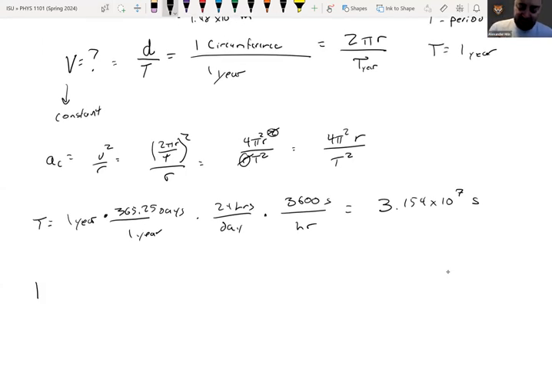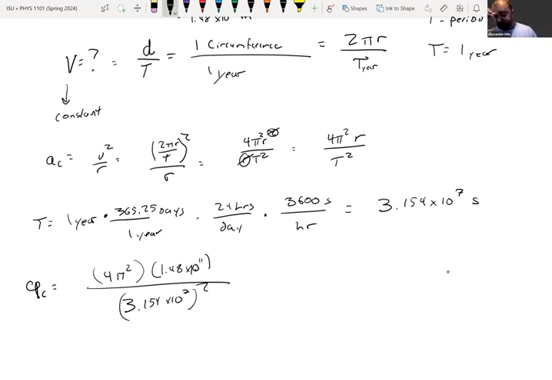So then your centripetal acceleration would be 4 pi squared times 1.48 times 10 to the 11th over 3.154 times 10 to the 7th, squared. Looking at orders of magnitude, pi squared is about 10, which is kind of helpful to remember.